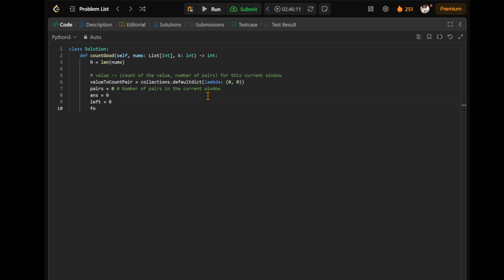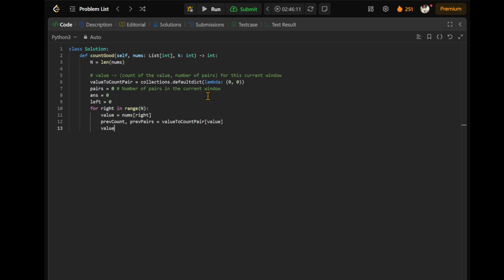So now we iterate for each right from 0 to n for that sliding window. Value is nums of right, so this is our right value right now. And first, let's pull out the count and the number of pairs that this value has so far.